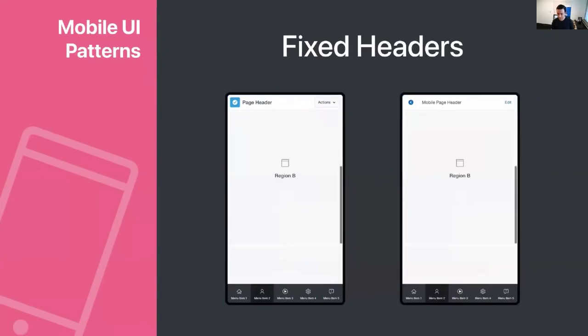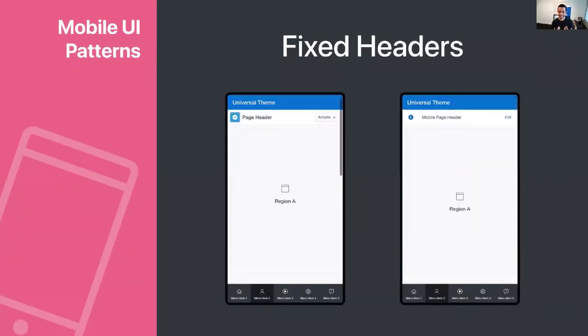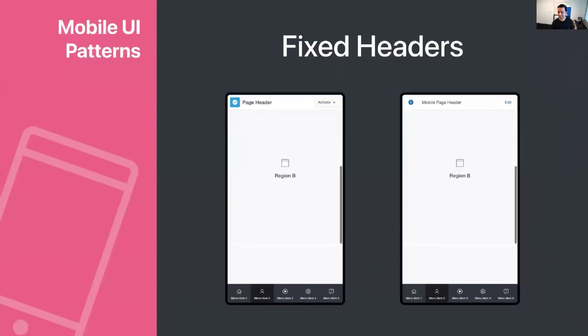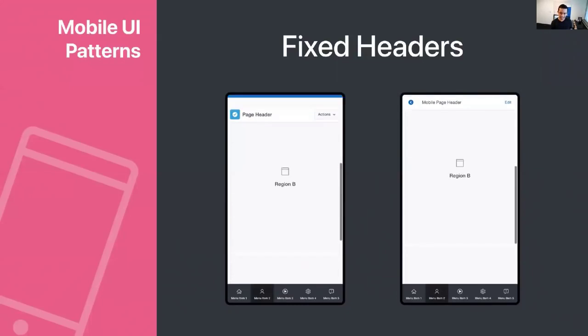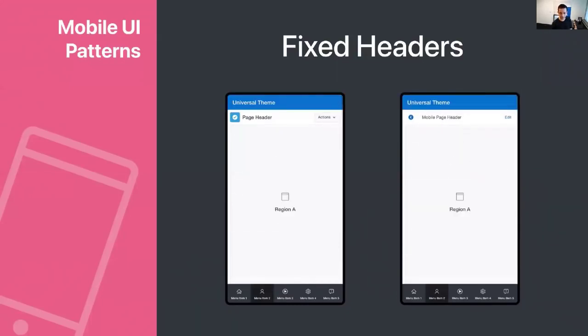So next, I want to talk to you about fixed headers. Now, before releasing Apex 18, we spoke to a number of our key developers that were building user experiences using the jQuery Mobile UI. And we asked them, hey, what would you like to see in Universal Theme to make it easy for you to build these mobile experiences?